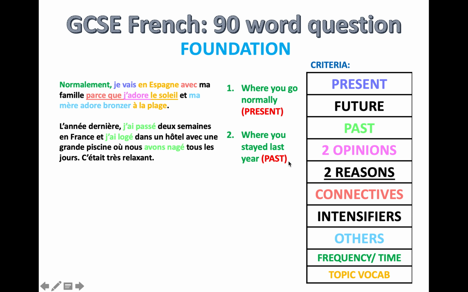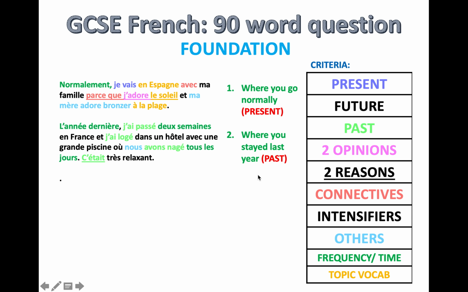In the second paragraph, we expected to see some past, and here are 3 examples. J'ai passé, j'ai logé, nous avons nagé. That last example, nous avons nagé, actually mentions somebody else doing the action. So I spent, I stayed, and we swam. You also have a past reason, c'était, it was very relaxing.